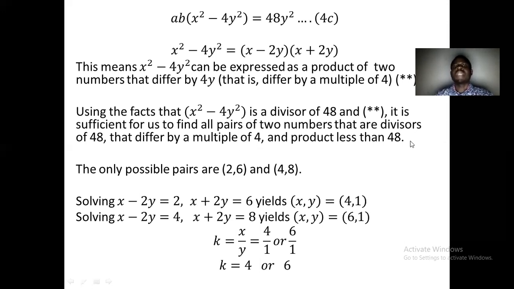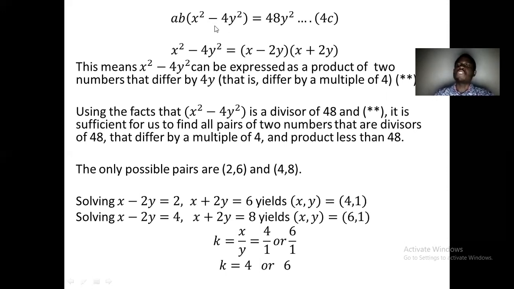We have established that x squared minus 4y squared is a divisor of 48. We also established that it can be expressed as a product of two numbers that differ by a multiple of 4.